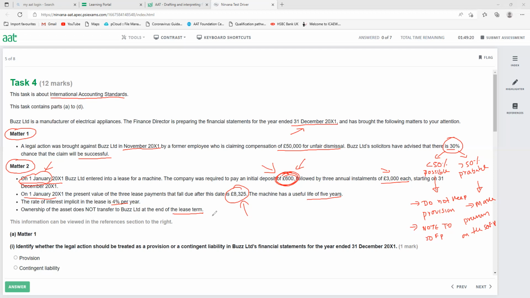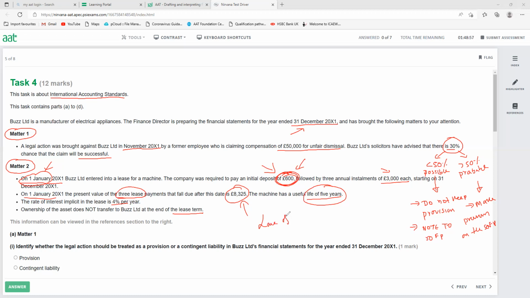All right, so we need to know what the question is and what to do. One thing we need to know: we have the useful life of the asset, which is 5 years, and the lease term, which is 3 years. Between these two, we always take the lower one.